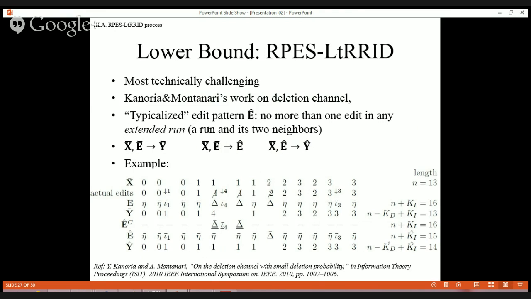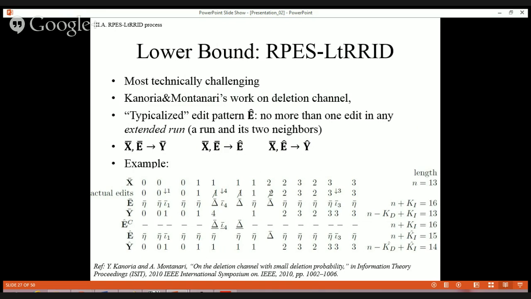Y is the post-edit source sequence obtained by processing E on X. The next line, E complement, indicates the edits we eliminated to get the typicalized edit pattern.